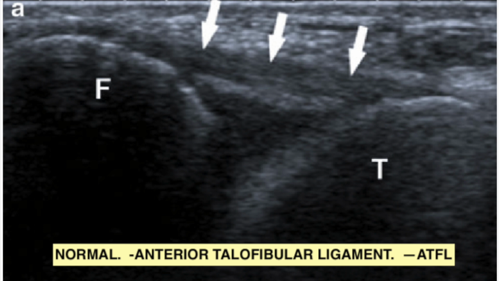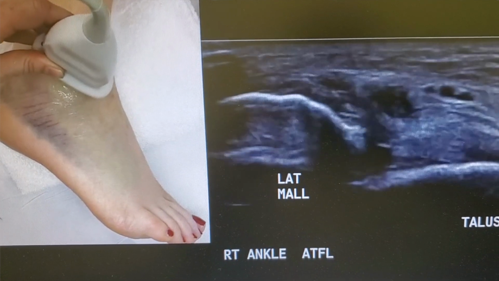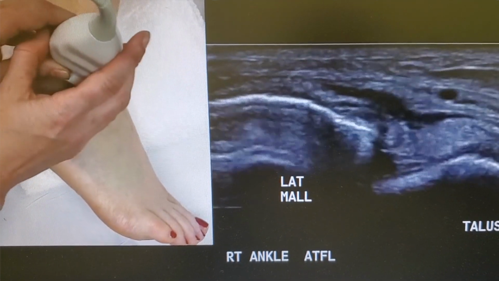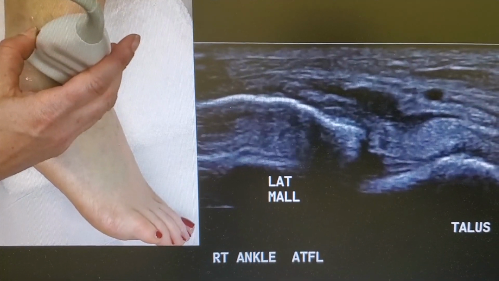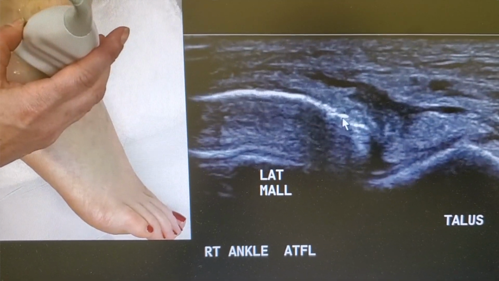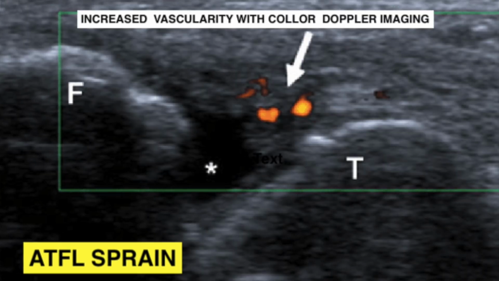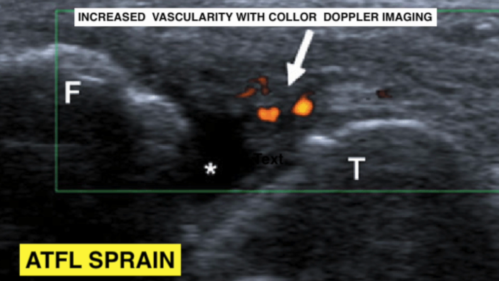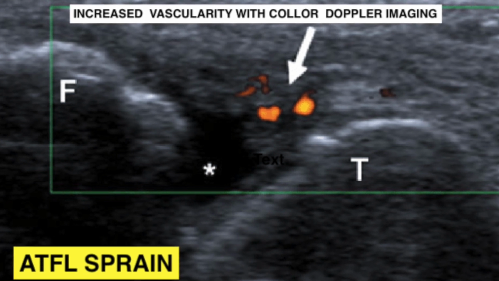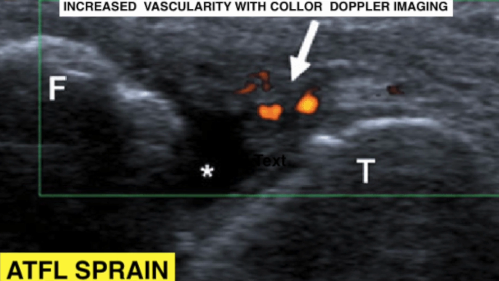So in this image, you can see there is a distortion of the image, meaning the tissue has changed totally. Because this is a sonographic image, technically speaking, there is some fluid inside, edema, swelling over there, and there is a strain or stretch to the ligament.